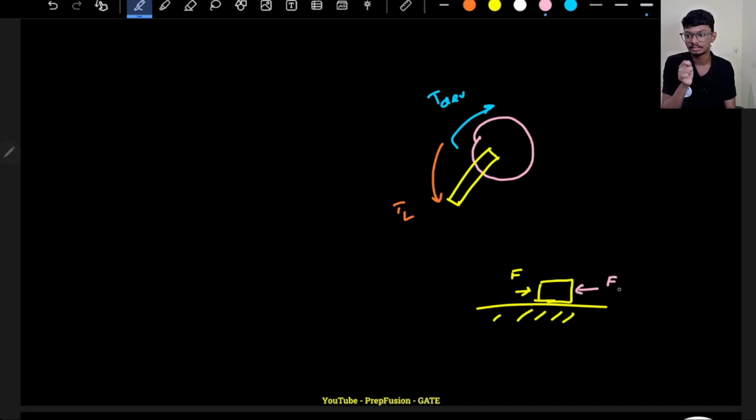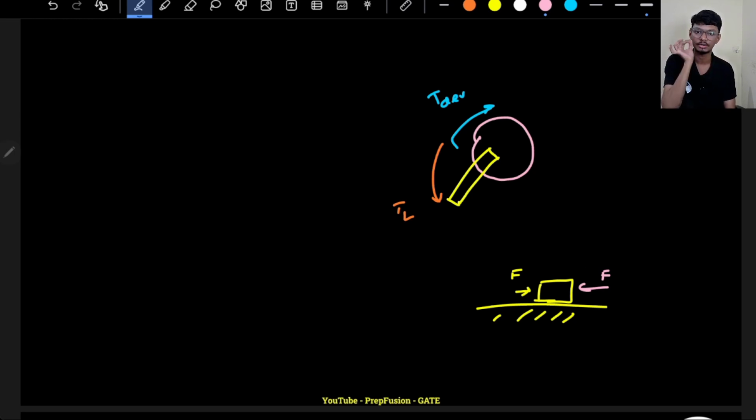Will the box be at rest? No, right? Because initially this force was there, then I applied a force in the opposite direction. So whatever velocity it has, it will just keep that velocity. Whatever motion it was in, it will be in that motion. The box will not accelerate. Basic physics, right?